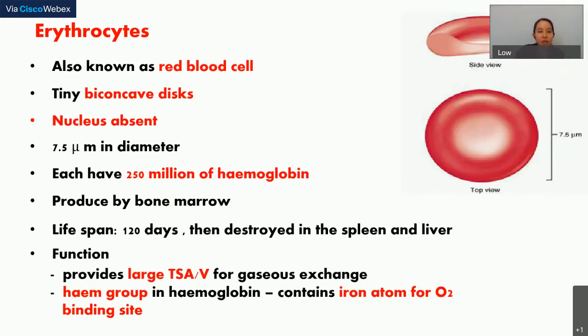The function of the erythrocyte is to provide a large total surface area per volume for gaseous exchange. Also inside the hemoglobin, each hemoglobin has a heme group with an iron atom inside for the oxygen binding site. That's why you can take in so much oxygen for your body.